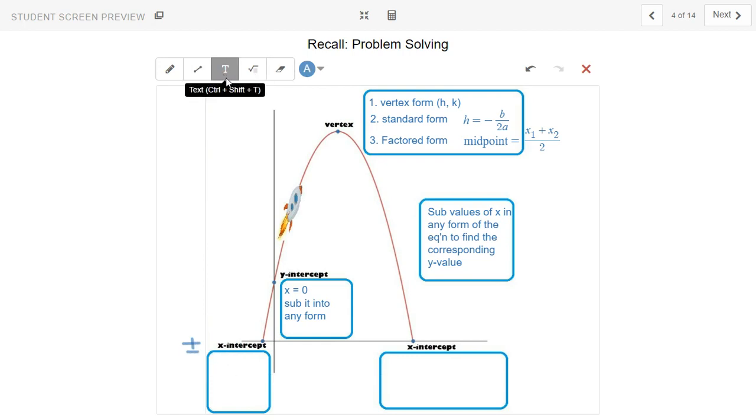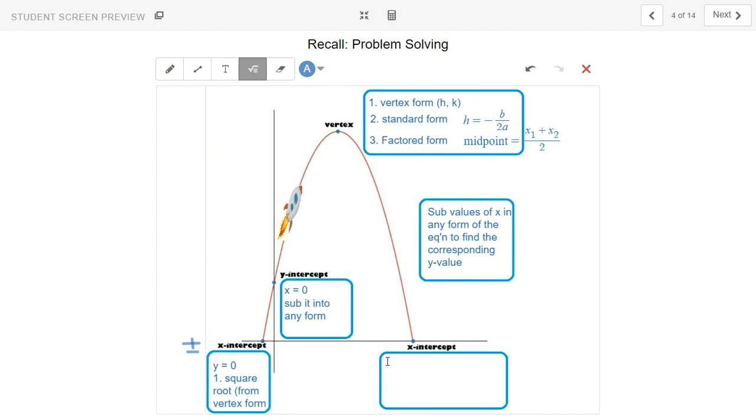Now there's 3 different ways for us to solve for the x-intercept. The first way is we can take the square root if we're doing it from the vertex form. We're going to make y is equal to 0 first, of course. So use the square root from vertex form.